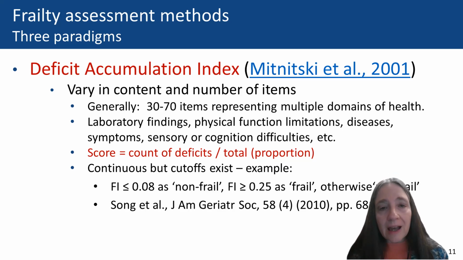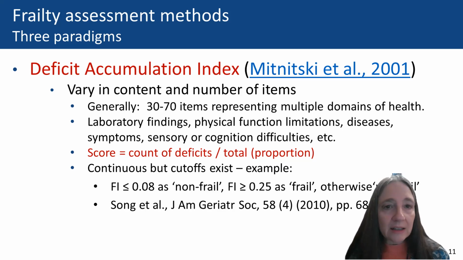Then the score, the actual measure of frailty, is just taken as a proportion: the number of deficits that a person has divided by the total number of deficits assessed. This score, this proportion of deficits experienced, can perfectly well be utilized as a score itself, a roughly continuous measure.